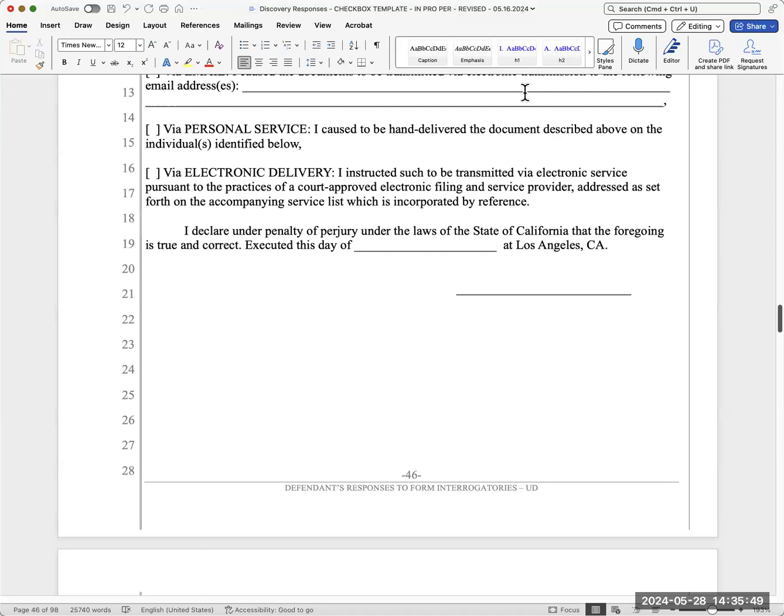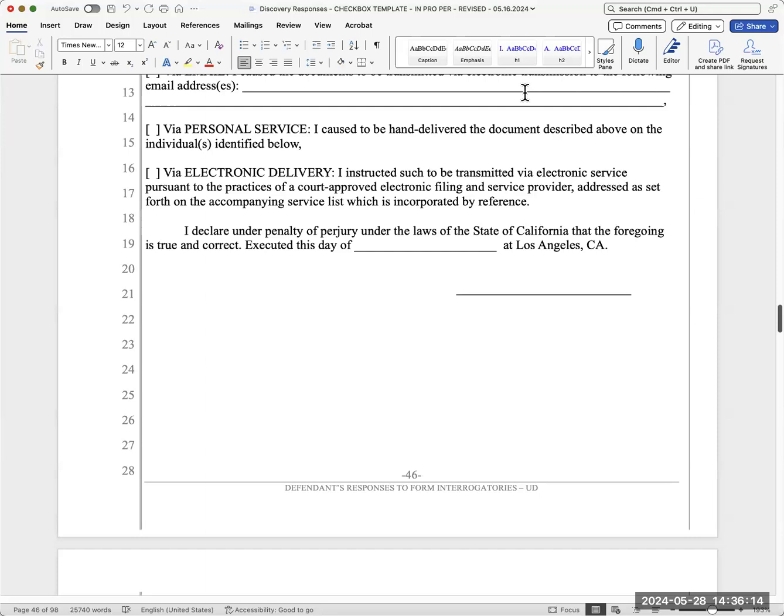So if you receive motions to compel, make sure you let your attorney law clerk team know, because we could potentially assist you with opposing that motion. If they don't take it off calendar, we can also message the opposing counsel to say, you received the responses, can you take this off calendar? And sometimes they do. Sometimes they leave it on there to try to collect the sanctions.